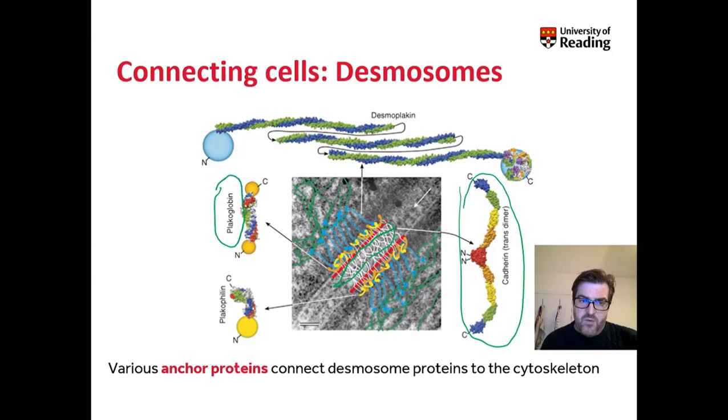We have plakoglobin, we have plakophilin, which is helping to form that plaque, and then we also have desmoplakin, which is this connecting protein, and these squiggles running off in the distance here are all the intermediate filament network. So I'm not expecting you to know that, just understand that there are various proteins involved in these connections.